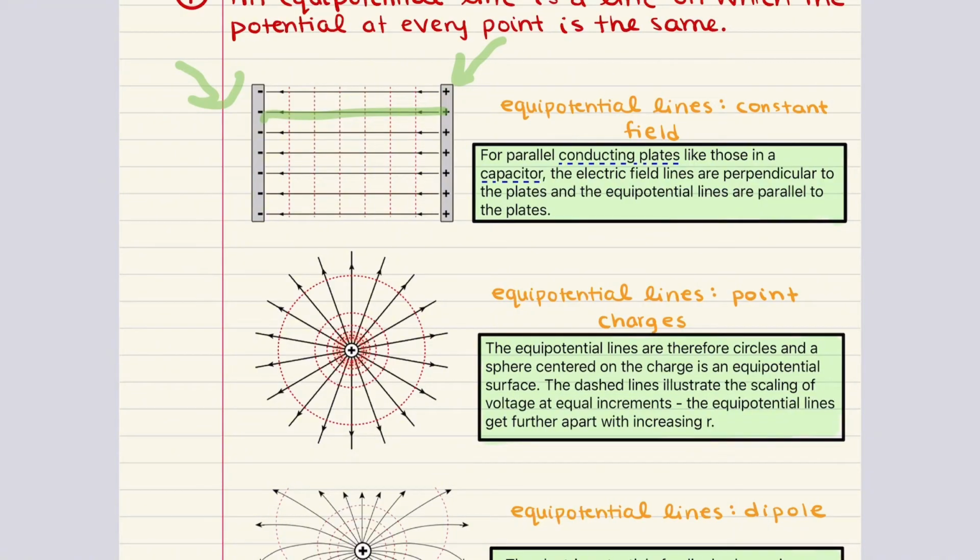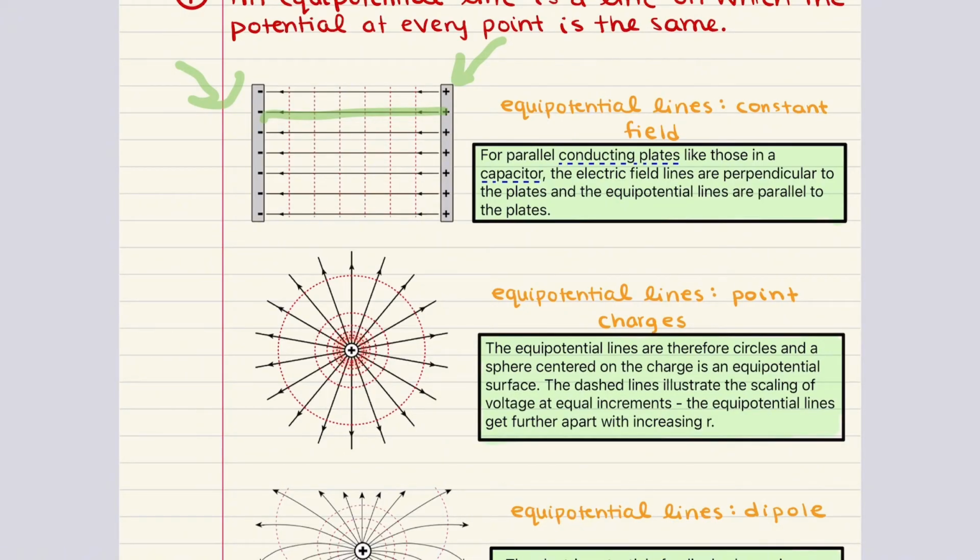As you move closer to one plate or the other, the potential changes, but it remains constant along the equipotential line. In these types of configurations, the electric field strength remains uniform between the plates, and the voltage drops at equal increments along the distance. The spacing between the equipotential lines represents this uniformity.